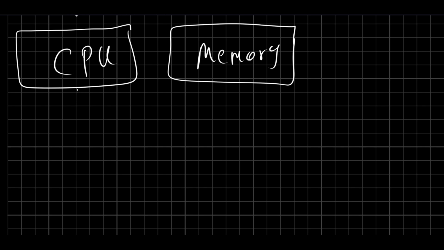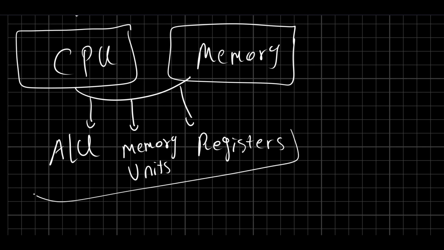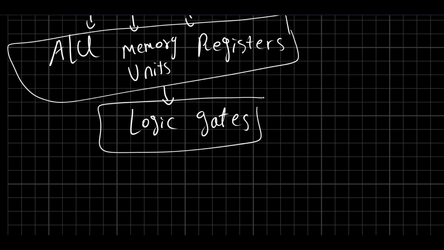And the CPU and memory are actually built on combinations of what's called an ALU, smaller memory units, and registers. And each of these components are actually built from logic gates. And those logic gates are actually built from more primitive logic gates.